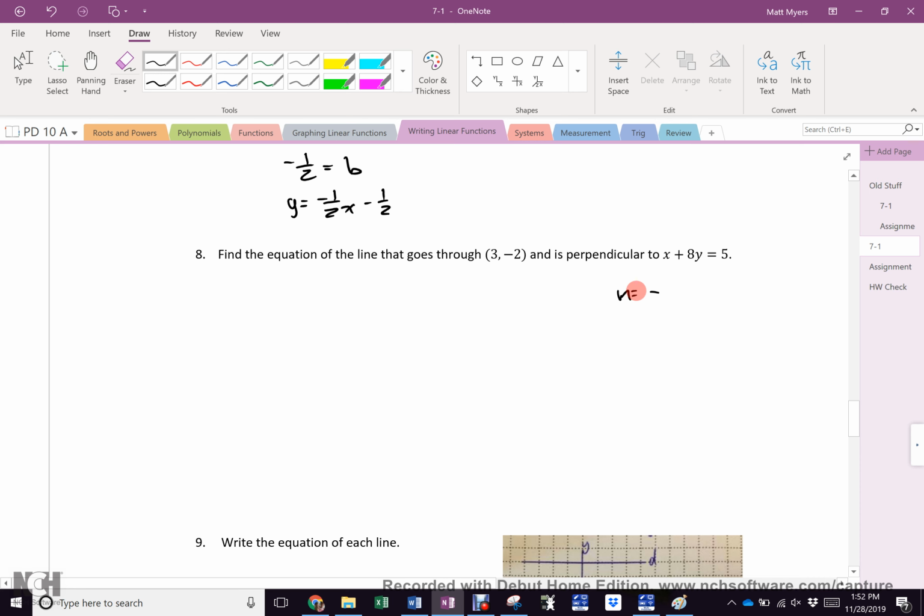Negative 1/8. But what's perpendicular to that? Positive 8 over 1, which is really 8. So what's my equation? y plus 2 equals 8. Done.